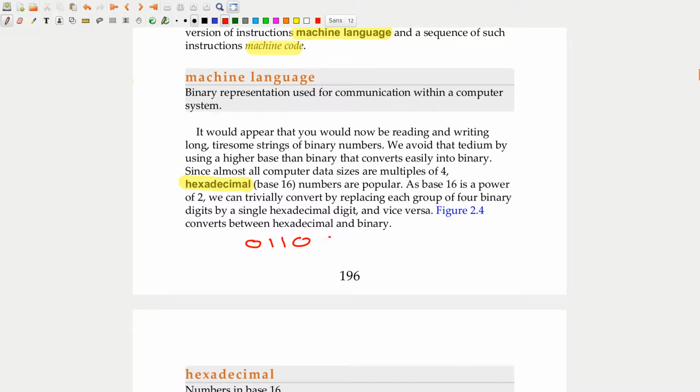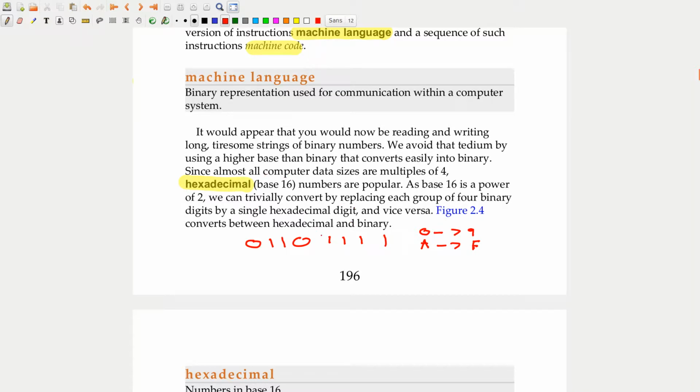We define hexadecimal to be represented by 0 through 9, and also A through F. So we have 16 different digits or letters total to represent all 16 possibilities for each digit.